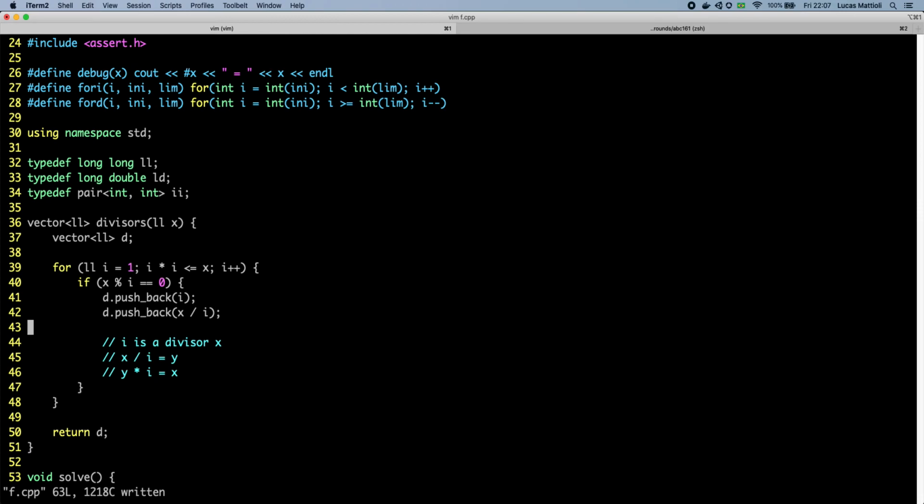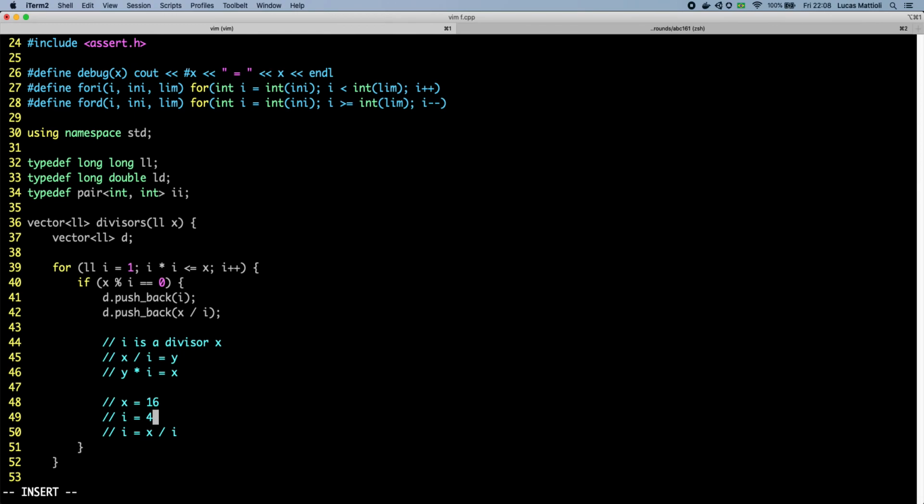But there is a tricky case. Let's say we have x equals 16, then we have i equals 4. In this case, i is equal to x over i, because this happens when x is a perfect square.